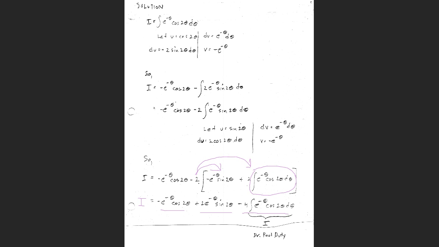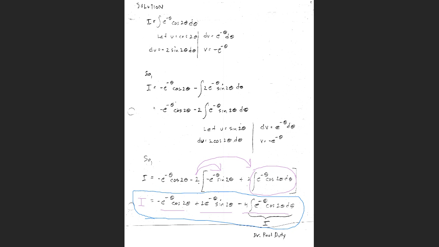So we are trying to solve for I, right? We're trying to solve for our integral. Based on this equation here, can I solve for that integral? Can I solve for I? No, it's a loop. Are you sure?